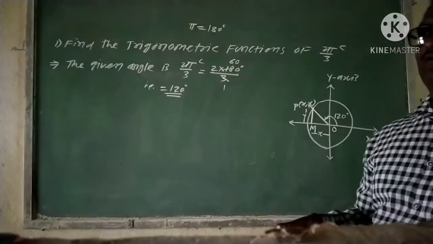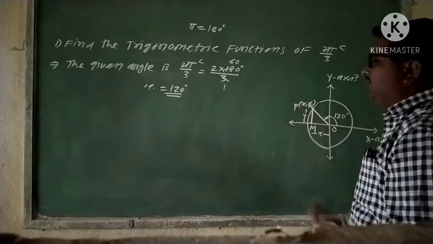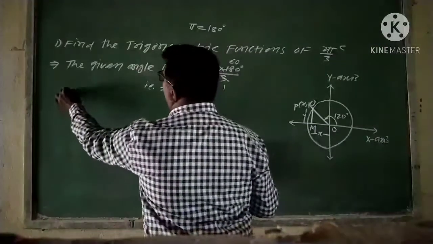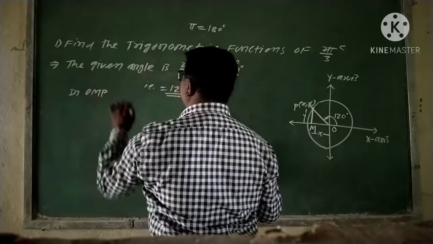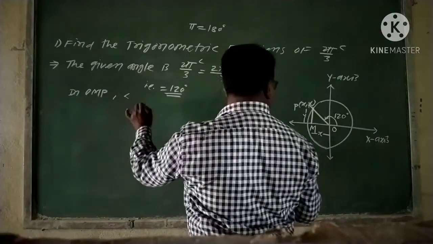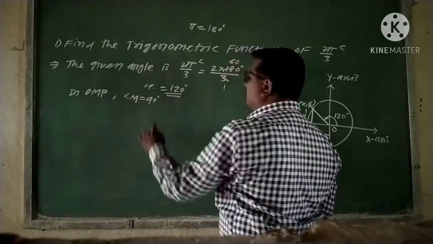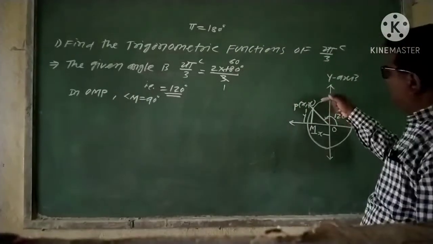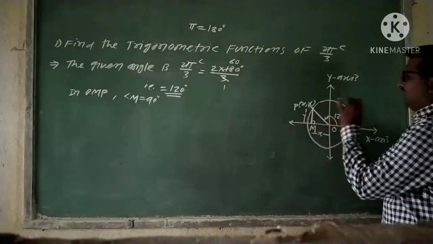Now in triangle OMP, the angle at M is equal to 90 degrees, because we drew a perpendicular from point P on the x-axis.